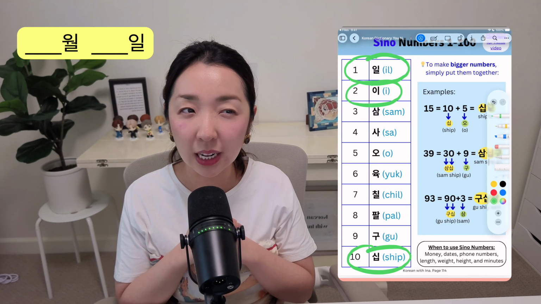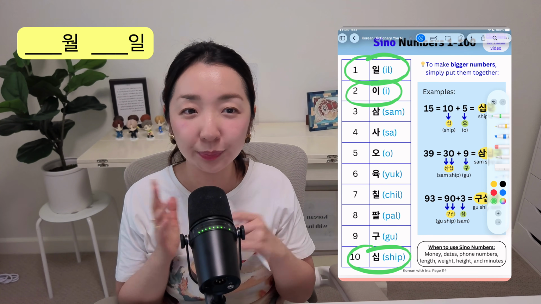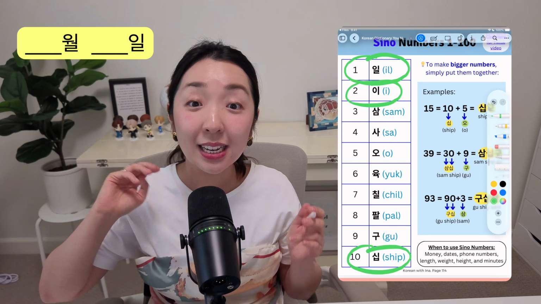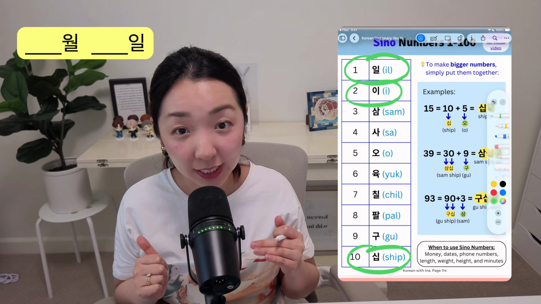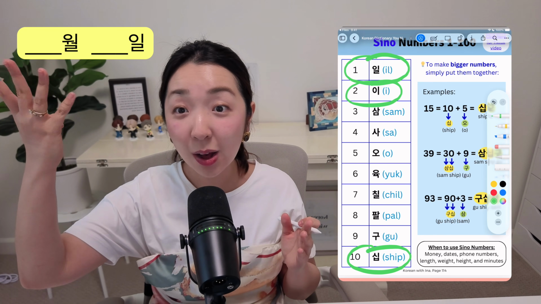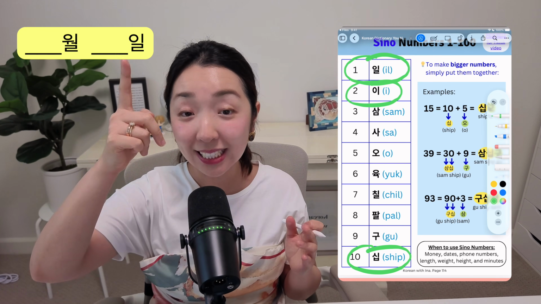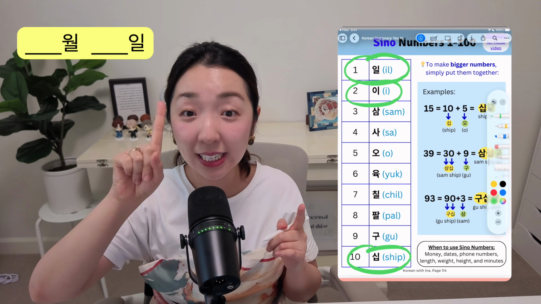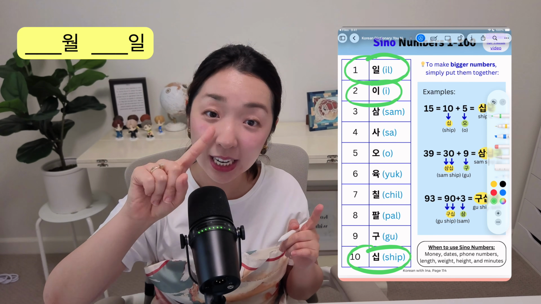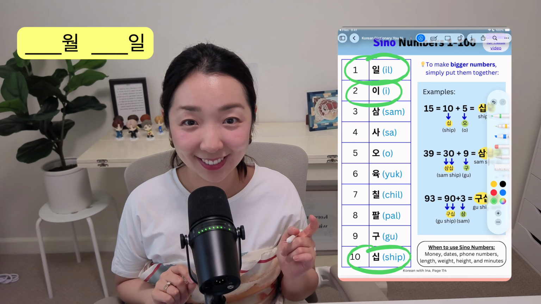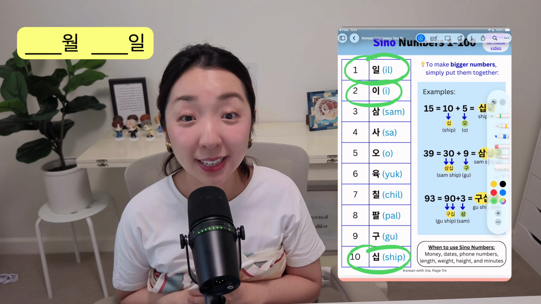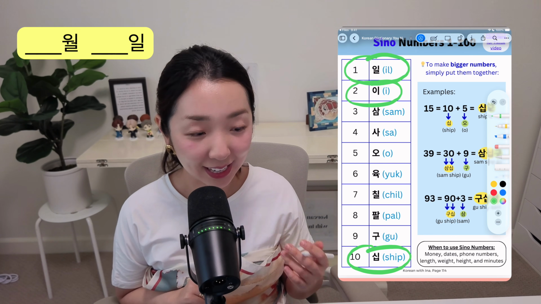I posted it, I think, 2 or 3 weeks ago. Okay, so again, what day is today? 오늘 몇 월 며칠이에요? 4월 and then 21일, which is 이십일일 in Korean. Okay, 4월 21일이에요. That's going to be today's date.